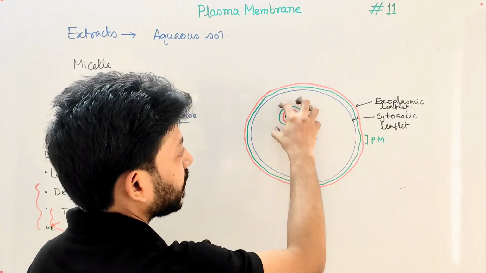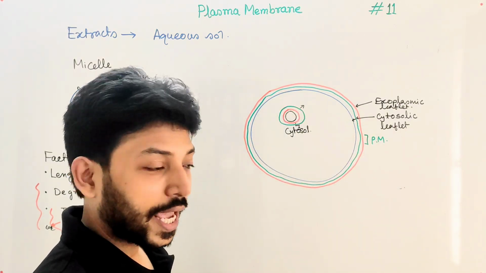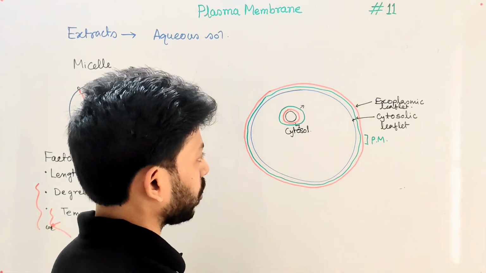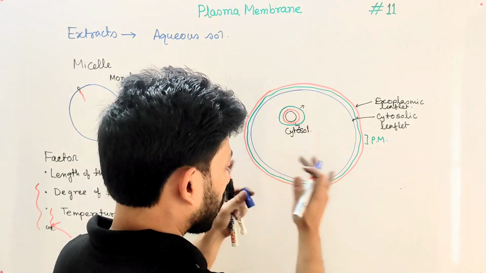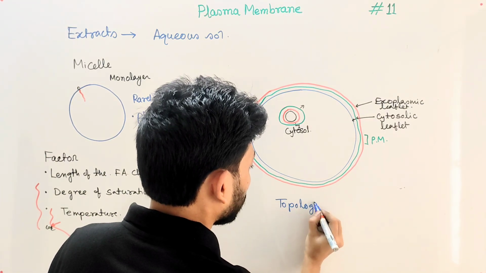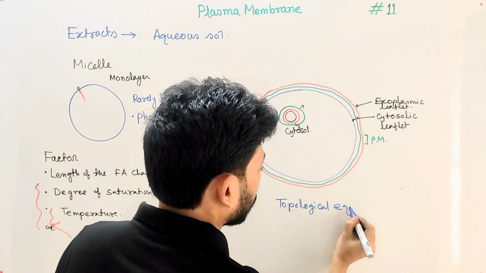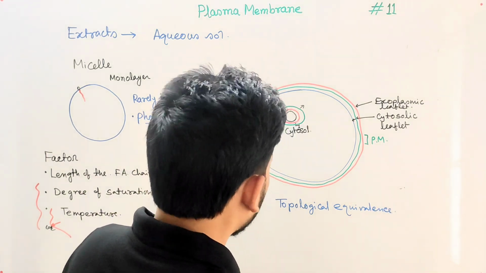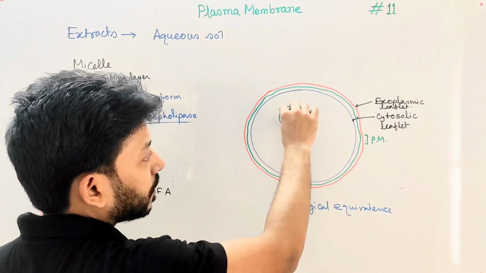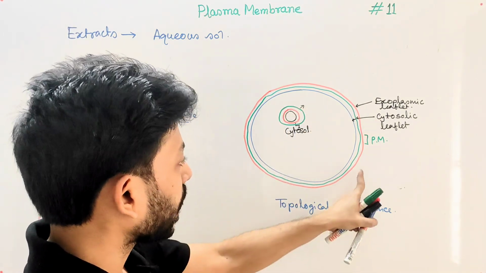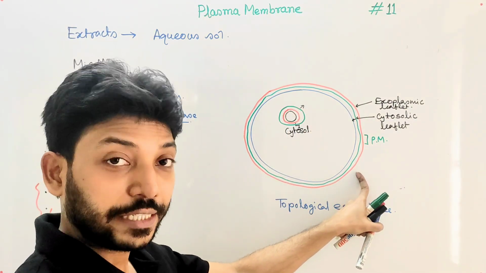Chemically, this is the cytosolic leaflet, and this equivalence is called topological equivalence. And this red layer is topologically equivalent to the outer exoplasmic leaflet.